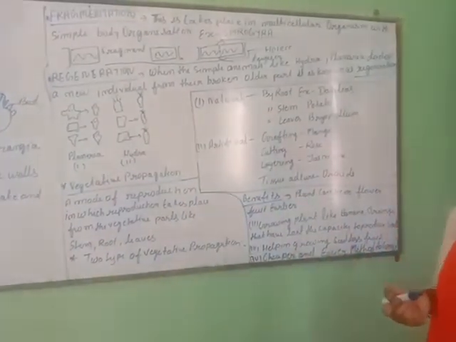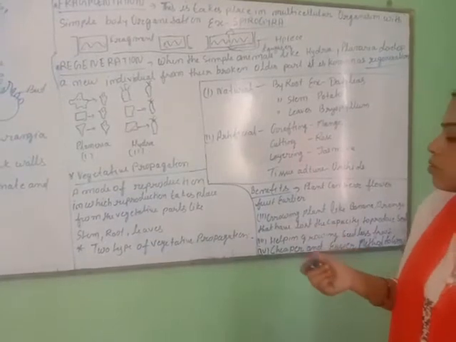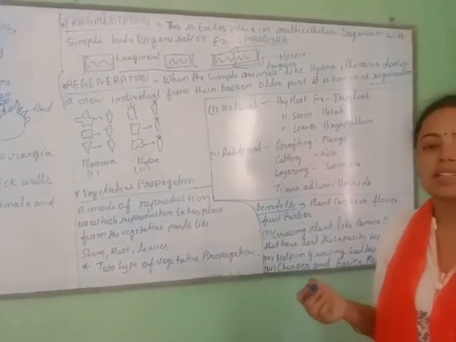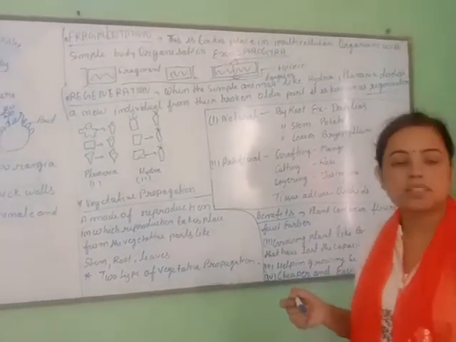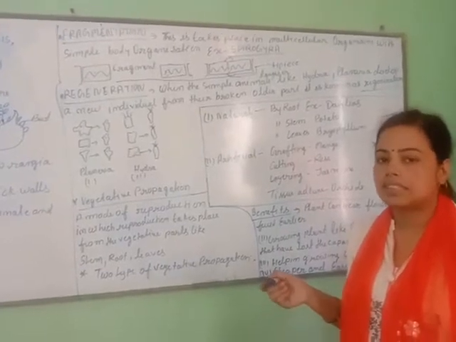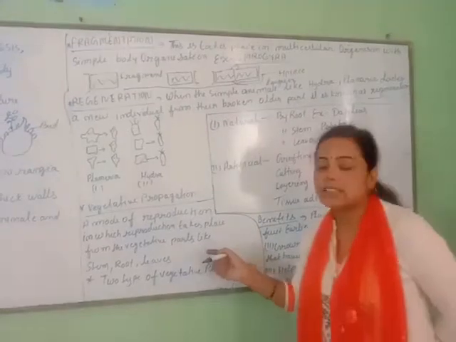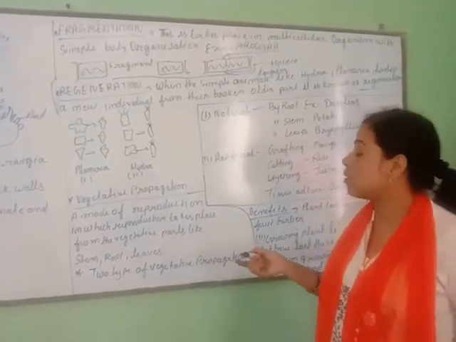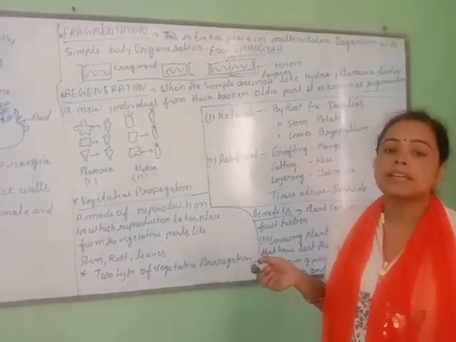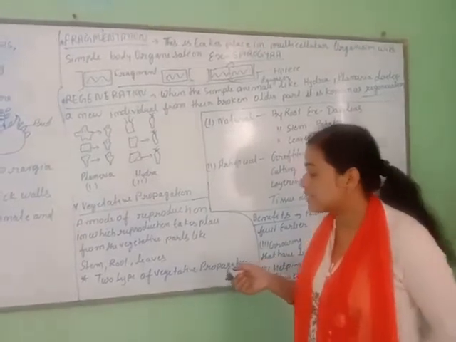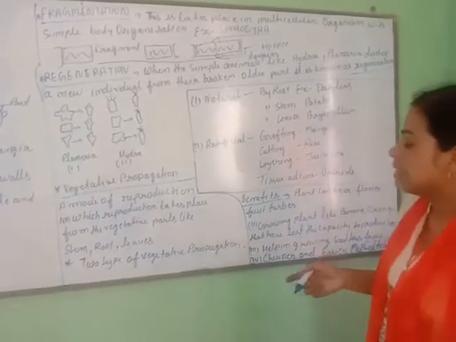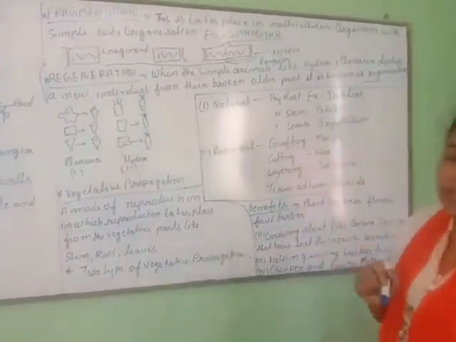By stem, like potato; by root, like onion; or by leaves, like bryophyllum. Many plants like these are grown by the stem, root or leaves.